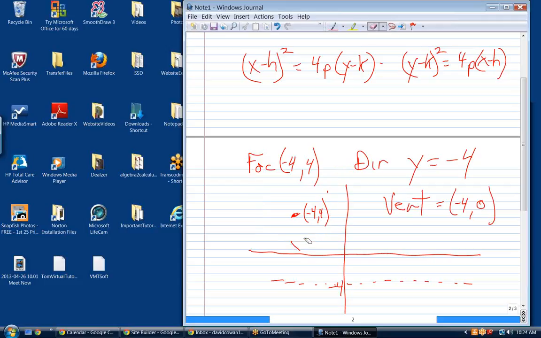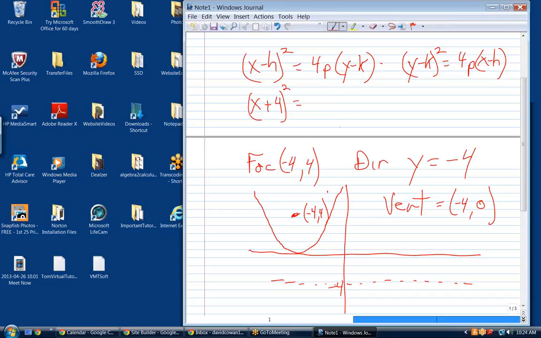Okay, so let's draw this a little bit better. What else do we need? We need the equation of it. Yeah, the equation. Let's start with the equation on the left. We've got x minus what? H is -4, which means it's going to be x plus 4, all squared.